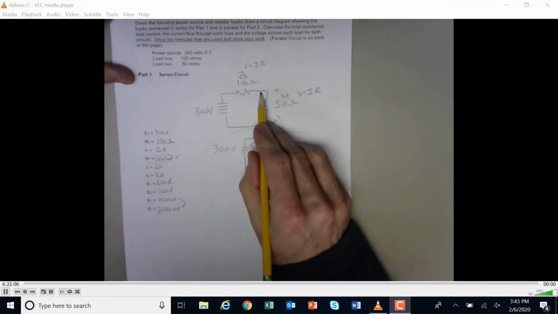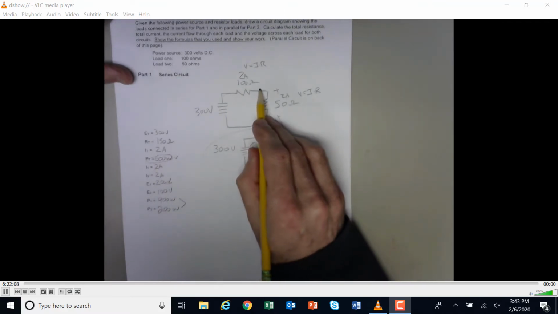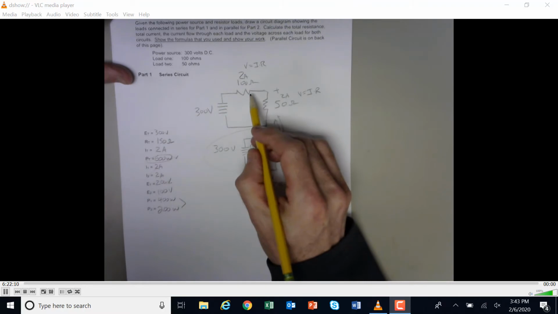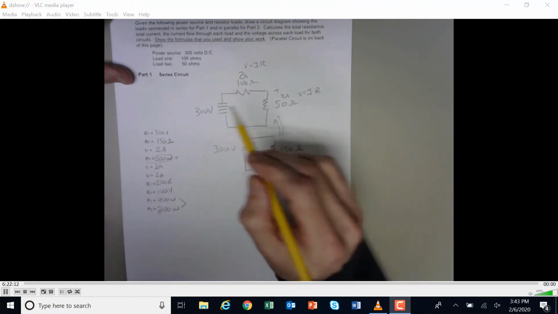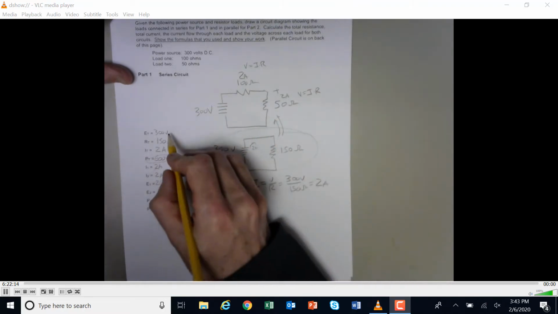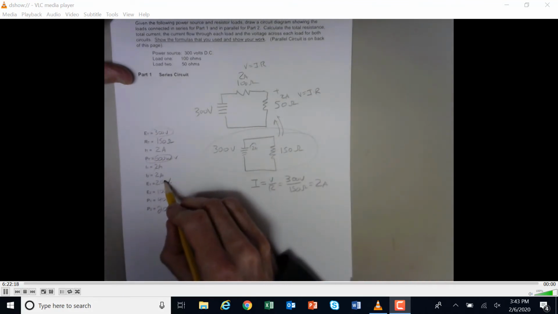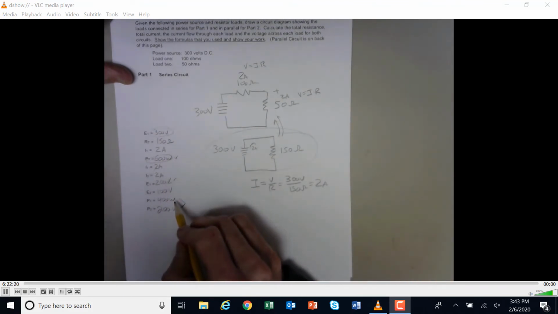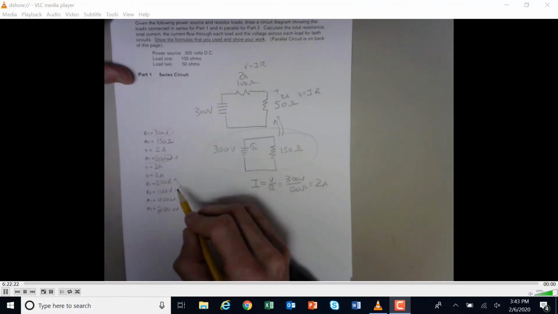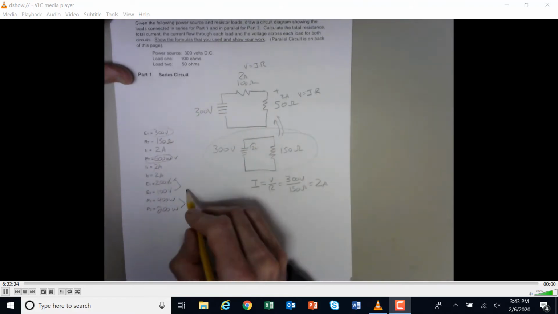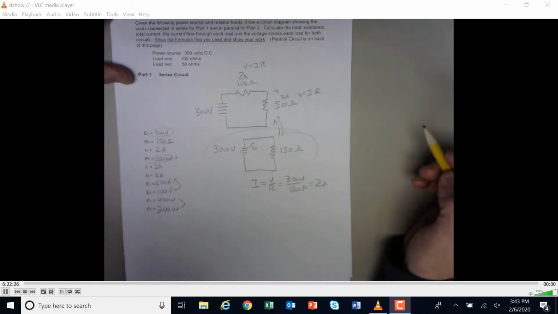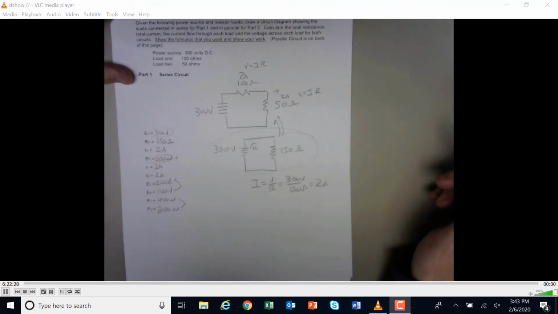Because these are in series, this is going to drop some voltage, and then this is going to drop some voltage. And the sum of those voltages has to equal the source. Let's check that. So our source voltage was 300. And sure enough, we have the first one dropping 200 volts, the next one dropping 100 volts. So 200 volts plus 100 volts, and guess what? That equals 300 volts. So all our numbers look pretty good on this one.